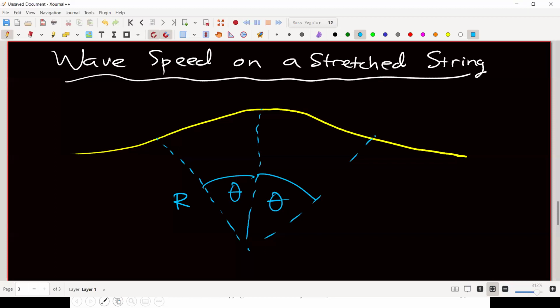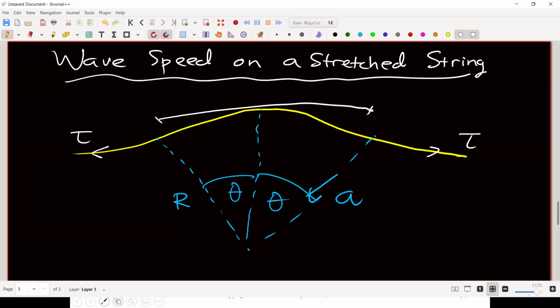R is the radius. So there is the acceleration, right? The acceleration to the center of the circle. For example, this one is tension tau, tension tau, and then the length is delta L.